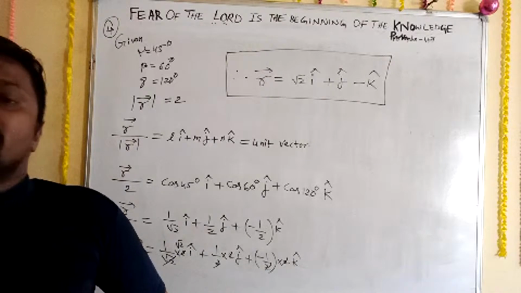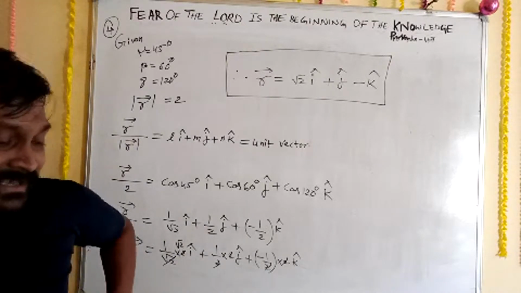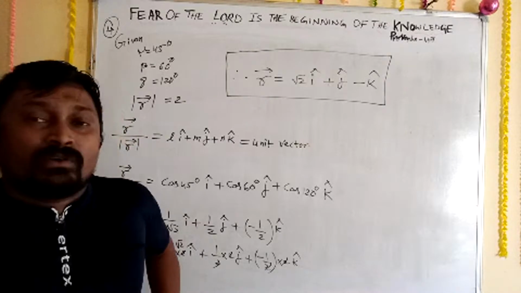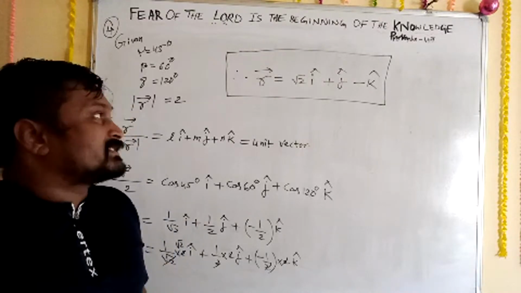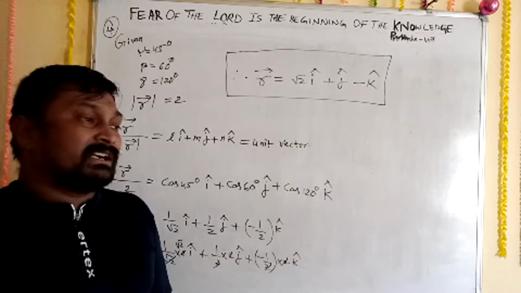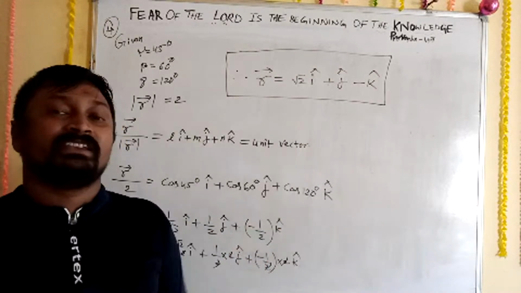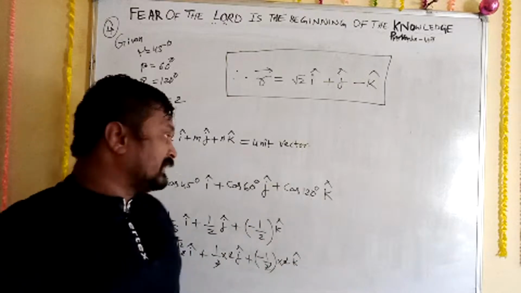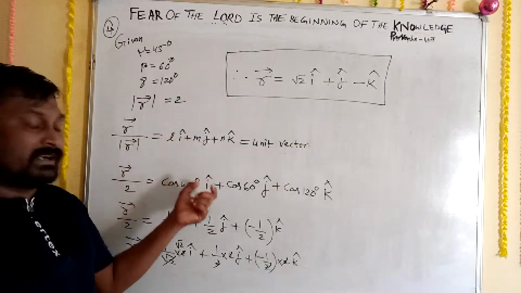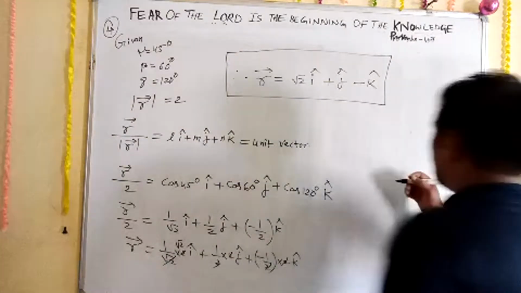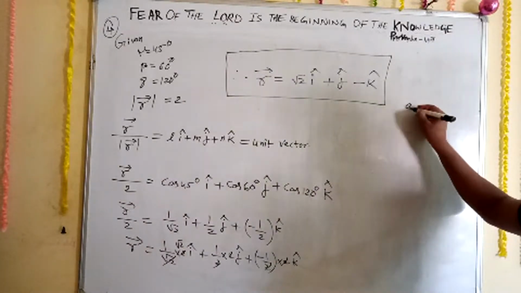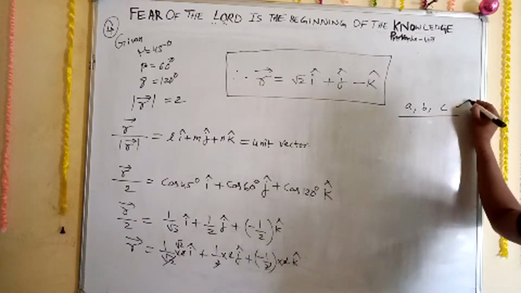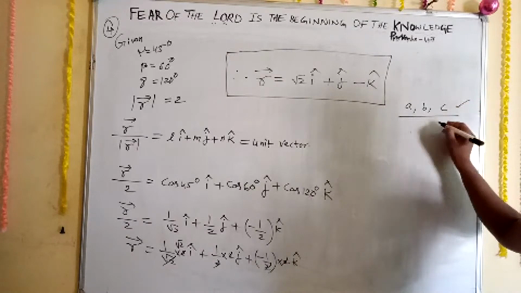Okay, so what is the difference between them? Listen to this carefully. Direction ratios means you will get only the difference between the points, that is x2 minus x1, y2 minus y1, z2 minus z1. If you go for direction cosines, then you will get everything differently. As I showed in the last problem, a, b, c are called your direction ratios.